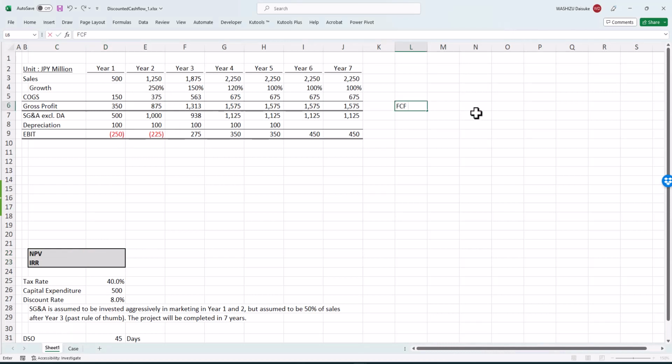And free cash flow can be calculated starting from EBIT multiplied by 1 minus tax rate. In other words, the operating income after tax, or EBIT after tax, or we can call it NOPAT, earnings before interest after tax. Anyway, the after-tax operating income, that's the starting point.